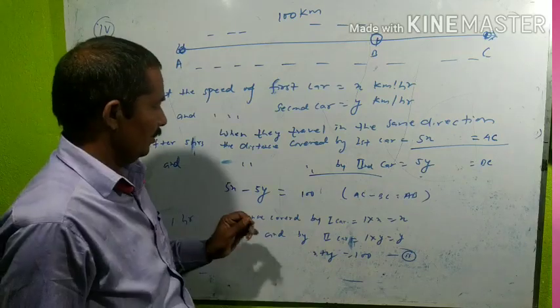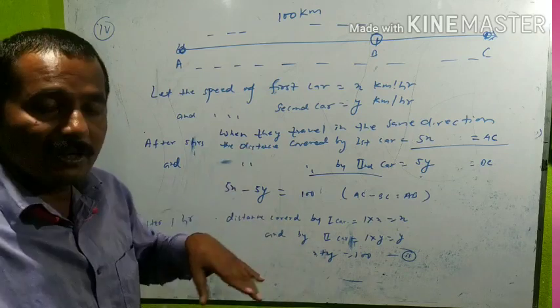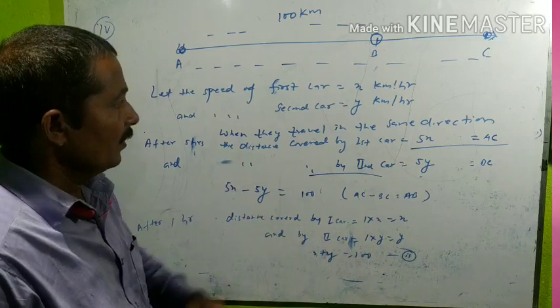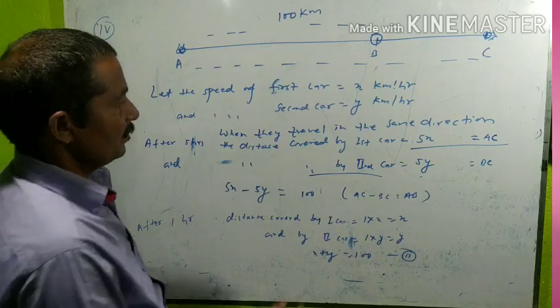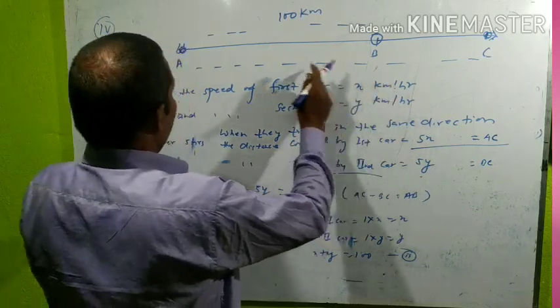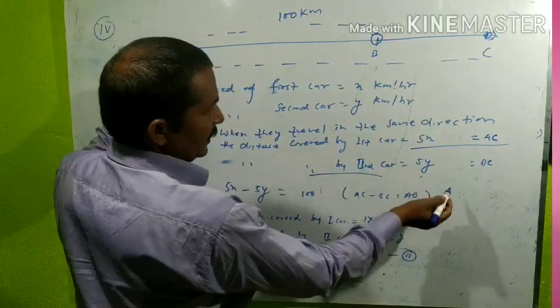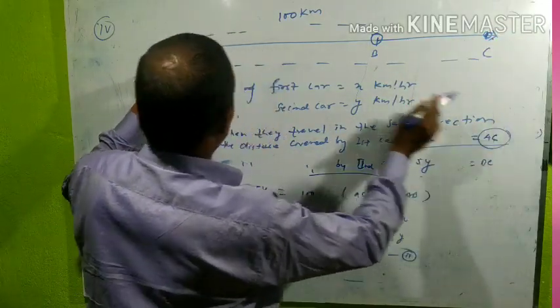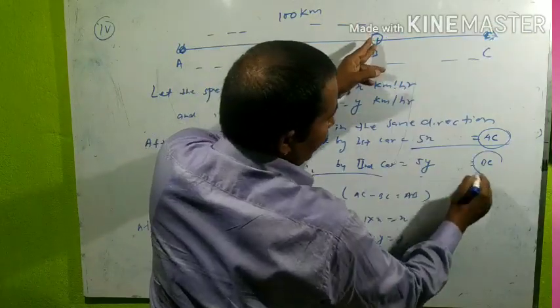Now look, try to understand here. The distances covered by both cars are 5x and 5y. So the distance covered by the first car is equal to AC. AC is here. The distance covered by the second car, from here to here, is BC.